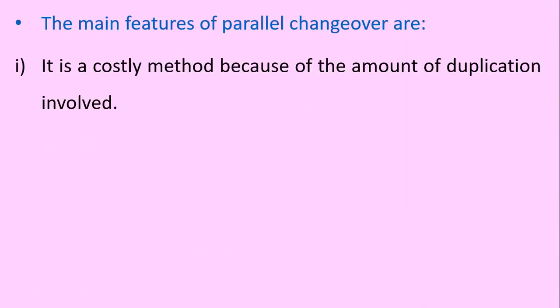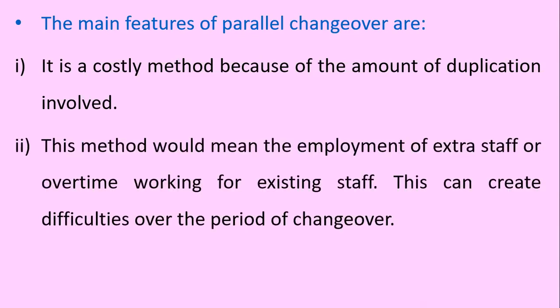The main features of parallel changeover are: number one, it is a costly method because of the amount of duplication that is involved. Number two, this method would mean that the employment of staff is extra, or overtime working will be required for the existing staff.